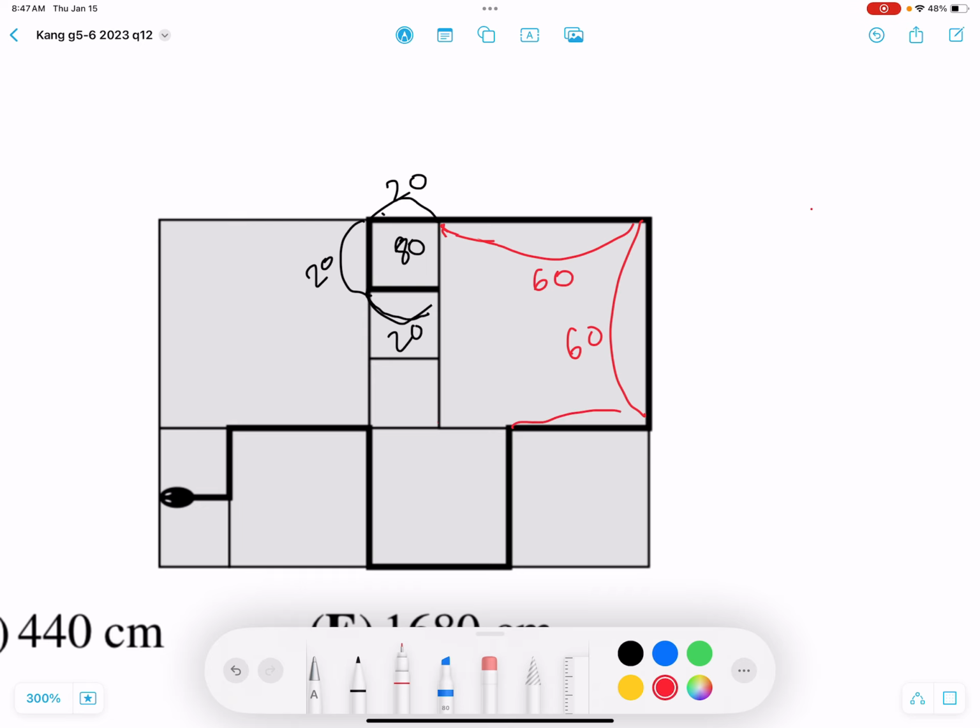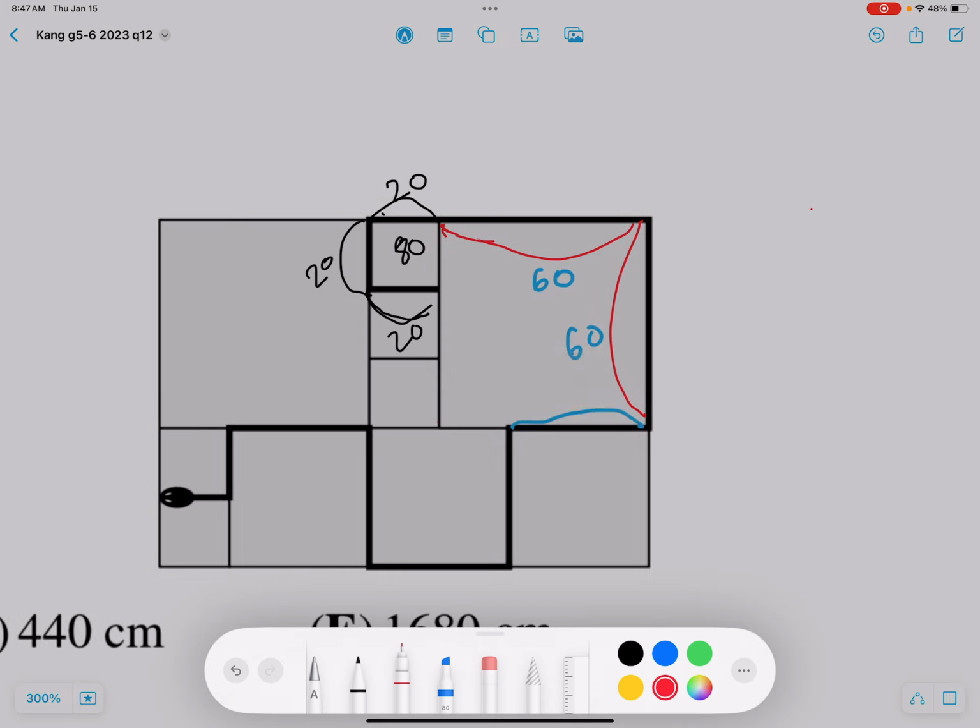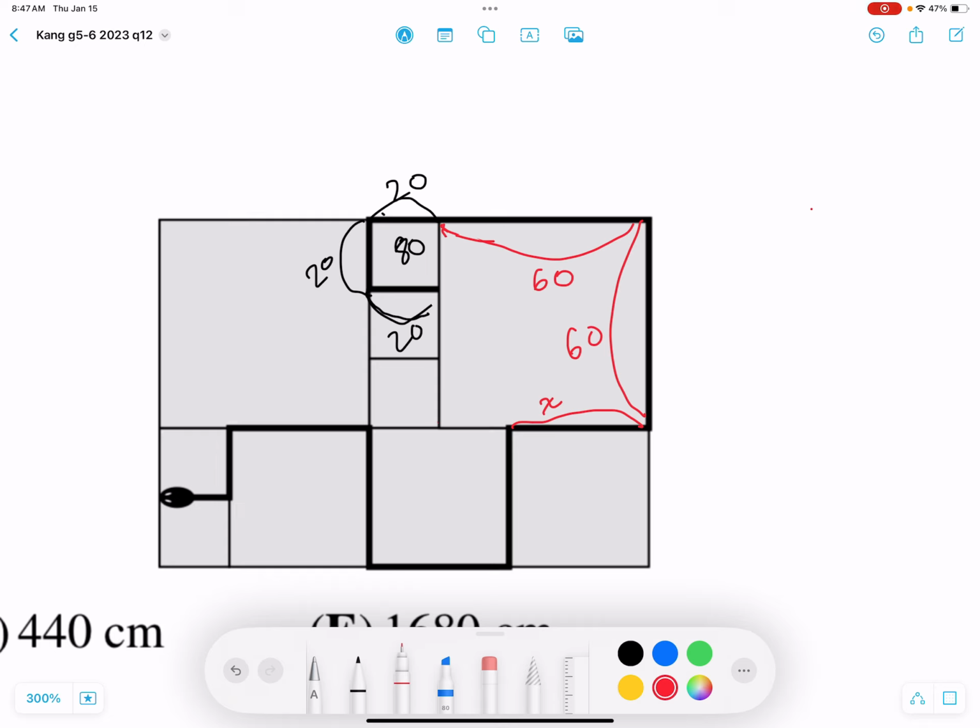Okay? Now that we know that, let's continue. So what is this side's length? Let's look at the other squares over here, since all of these must be the same. This one, and this one, they're all the same. So let's look at this one. We know that this is 60, okay?